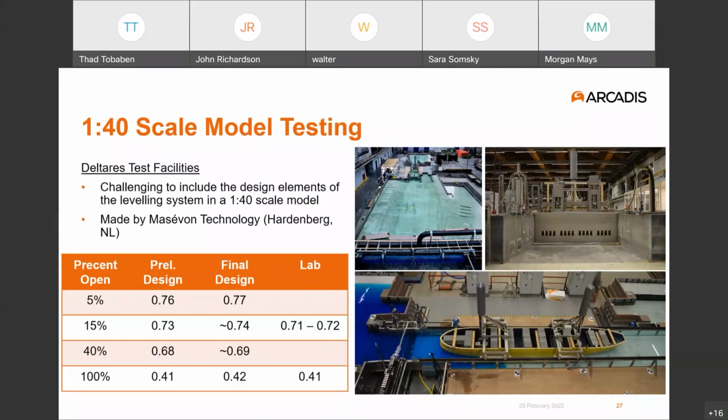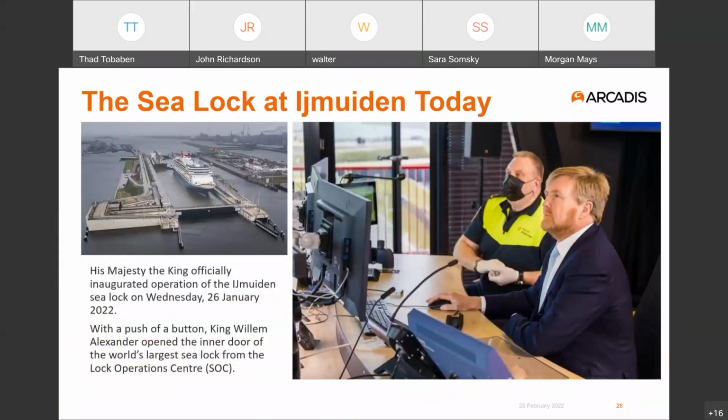And now that construction has been completed, referring back to a month ago today, I lifted this text from the city of Amsterdam's website: the King of the Netherlands officially inaugurated the operation of the sea lock on Wednesday, the 26th of January.